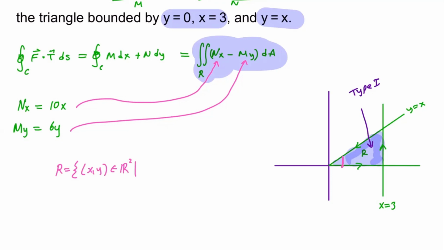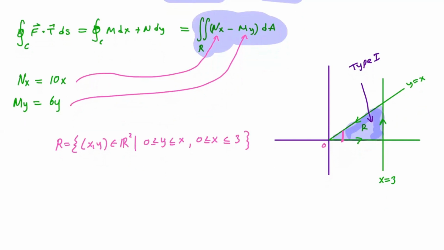The bottom is 0, so y goes from 0 to x, and x goes from 0 to 3. That's how you find your bounds on x and y.